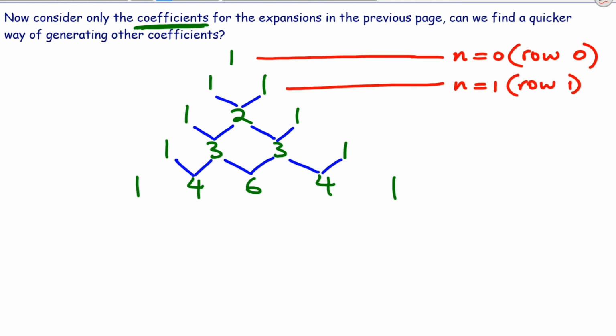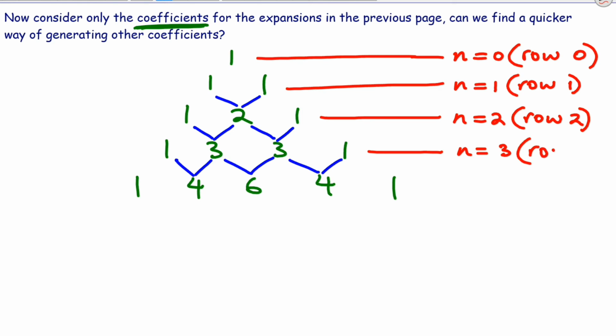Let me call that row 1. These were the results when n was equal to 2. Call that row 2. And then this was n equals 3. Call that row 3. And then these are the coefficients when n was equal to 4. Let's call that row 4.